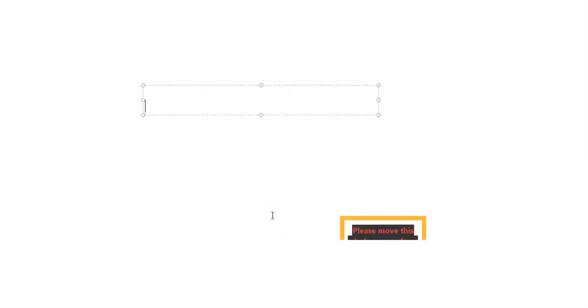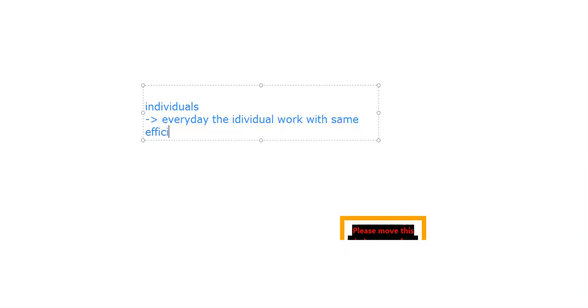Now here, the difference between the group of men assumption and the individual assumption is that one thing is broken here, which is that every man works with the same efficiency. That assumption is dropped, and only one assumption remains when I deal with individuals: every day the individual works with the same efficiency.